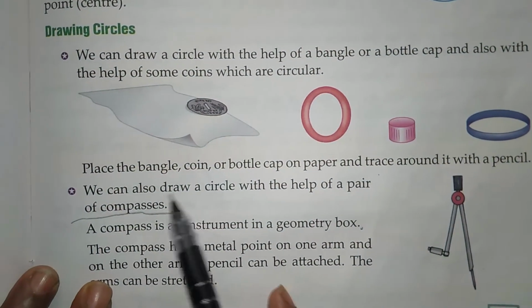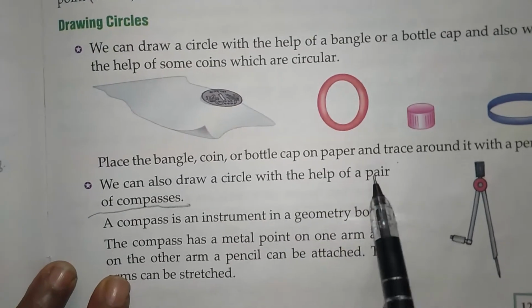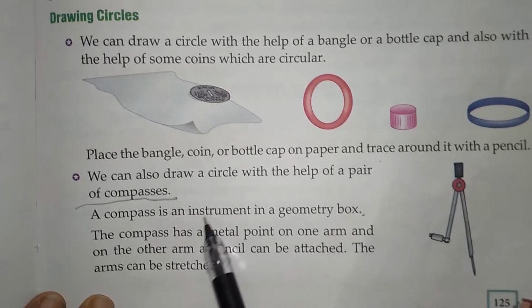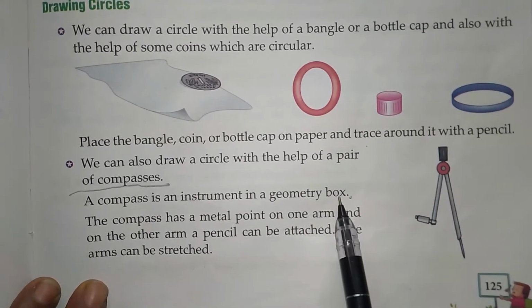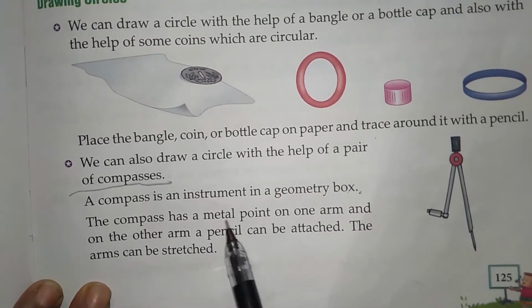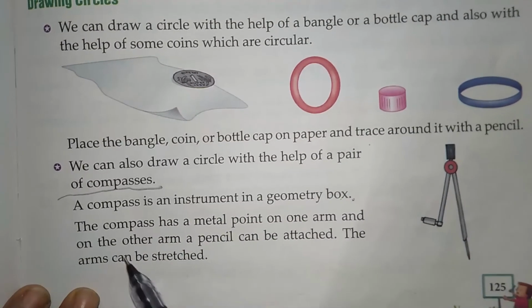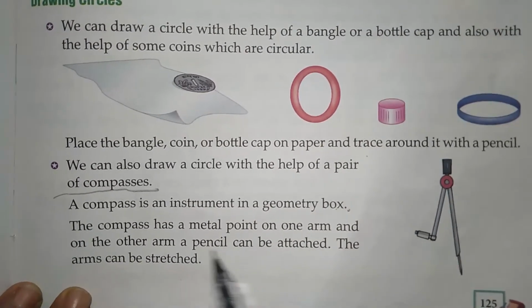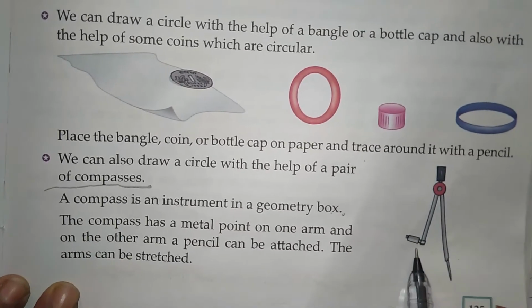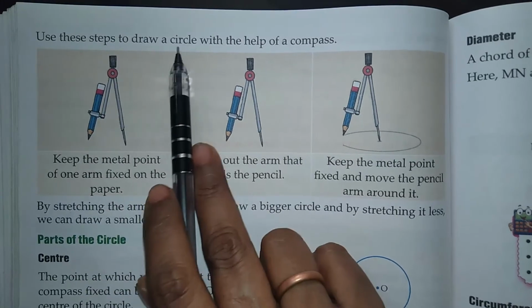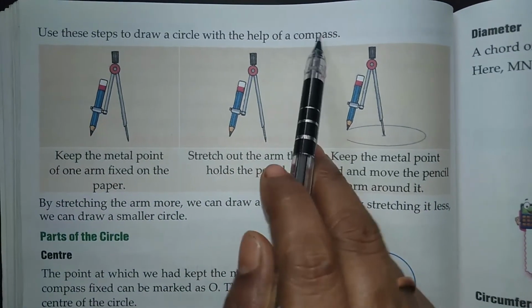Next, we can also draw a circle with the help of a pair of compasses. A compass is an instrument in a geometry box. The compass has a metal point on one arm, and on the other arm a pencil can be attached. Here the arms can be stretched. Use these steps to draw a circle with the help of a compass.